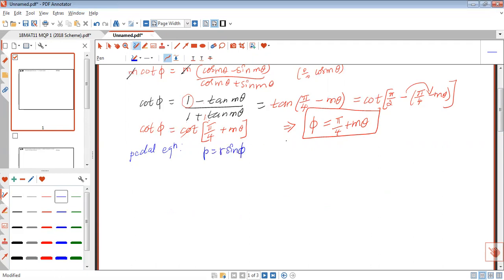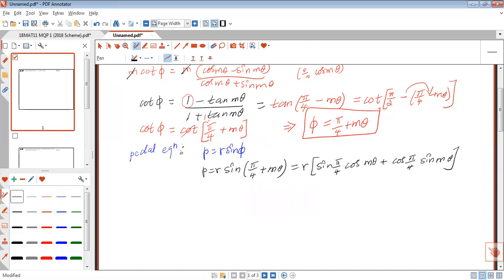So substitute the value of phi here, that is p is equal to r sin of phi value, pi by 4 plus m theta. Further, r into sin a plus b. Sin a plus b is sin a cos b plus cos a sin b.